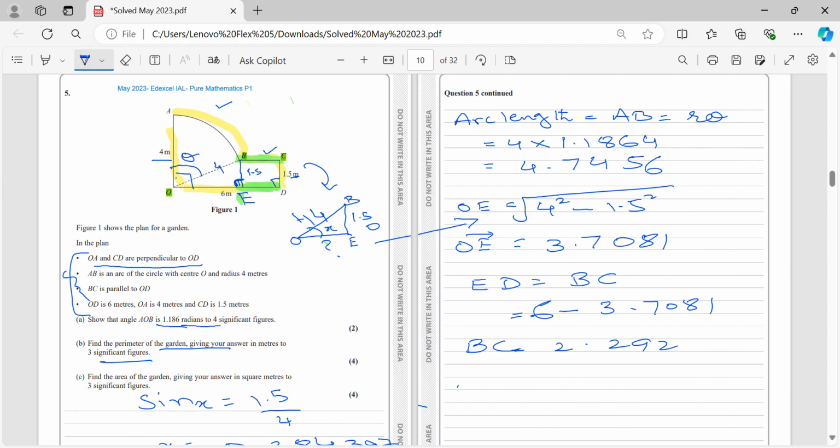Now we got all the missing sides. Now it's time to find the perimeter. Let me erase this and start adding all the sides. OA is 4.